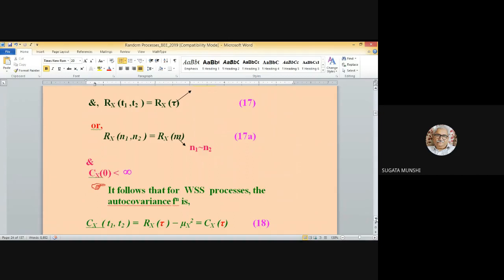So Cx t1 t2 also will depend on the difference between t1 and t2, not on the absolute values of t1 and t2.